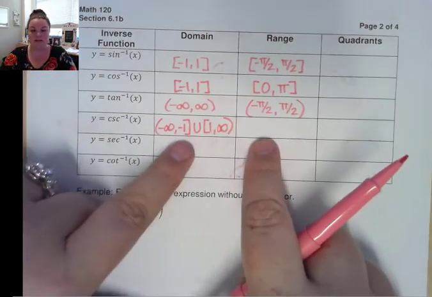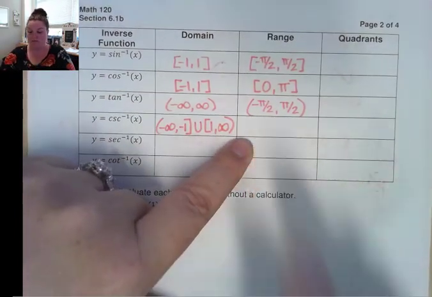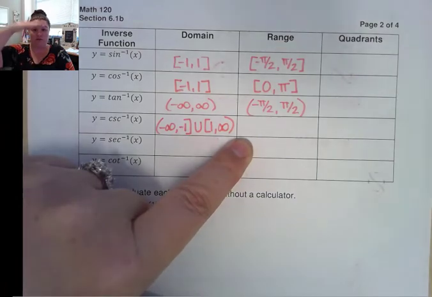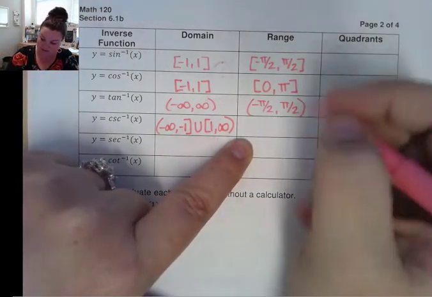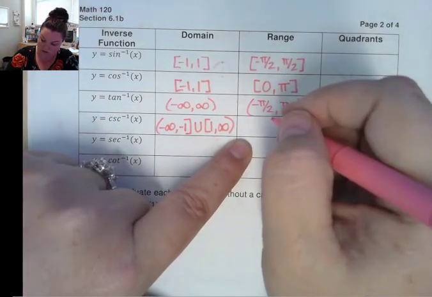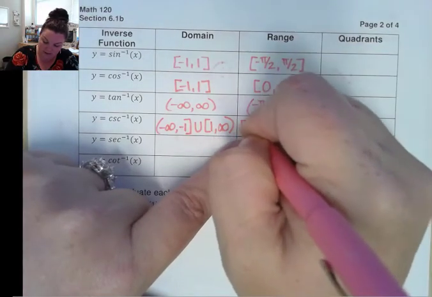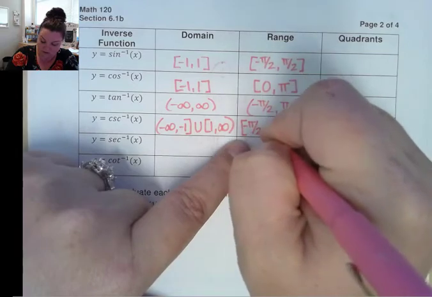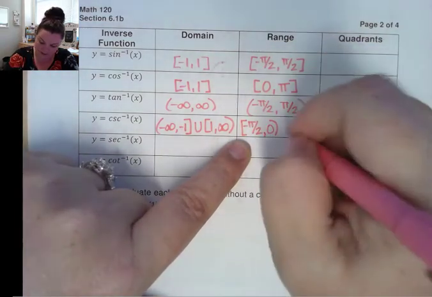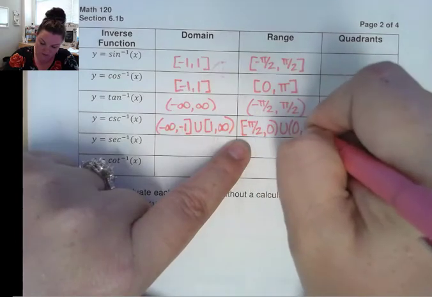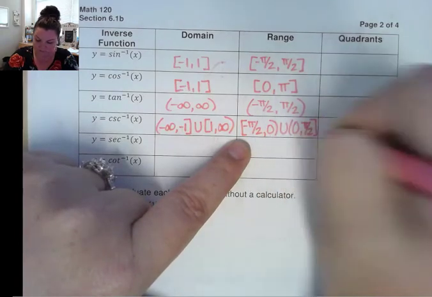And then the range was anything between negative pi over 2 and pi over 2, except for the x-axis, because that was an asymptote. So that means we can go from negative pi over 2, which is included, over to the x-axis, which is 0, right, because that's an asymptote, and then 0 up to pi over 2.